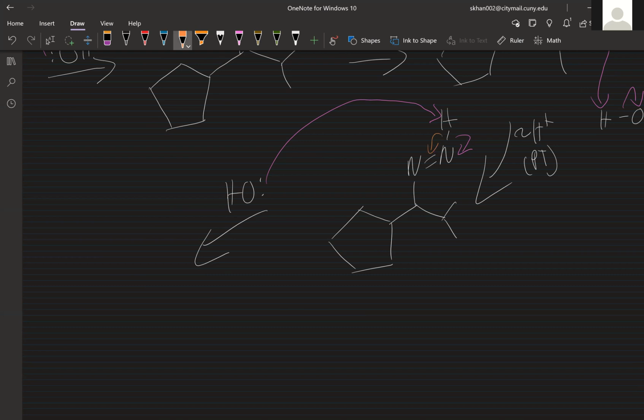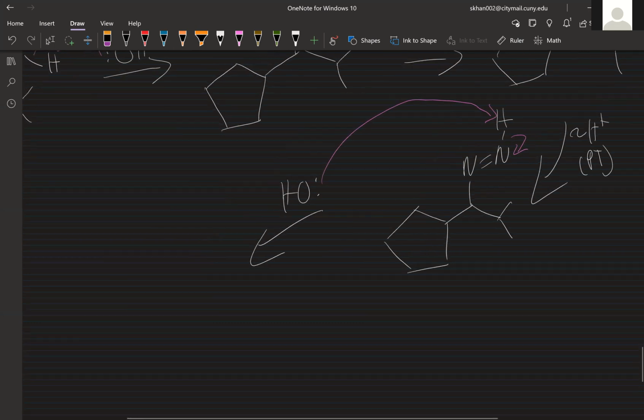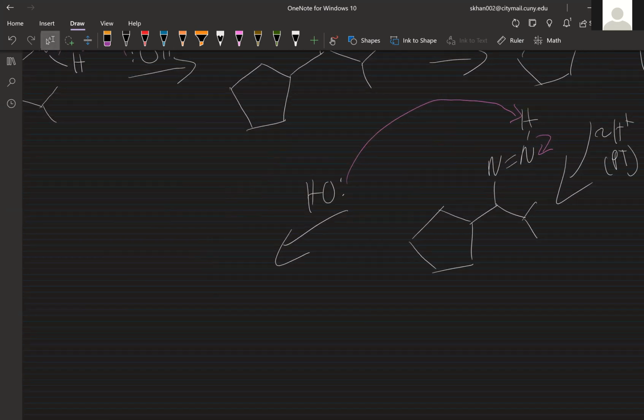The next step would just be the cleaving of this to a carbanion, which would be just this way, and then N2 expels. I'll stick to it this way so I can show the next step easily. I think the book does it similarly, but the orange pathway wouldn't be wrong. It still gets the same thing.